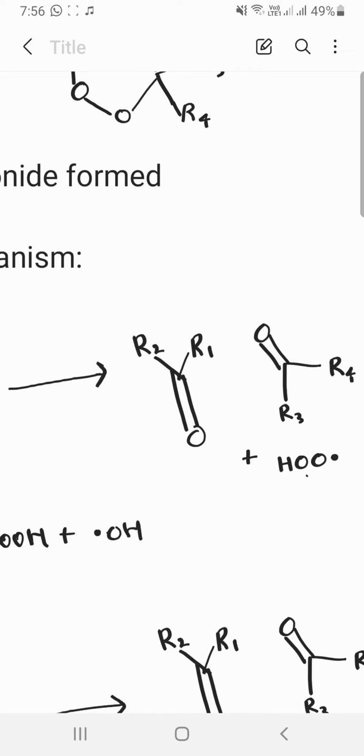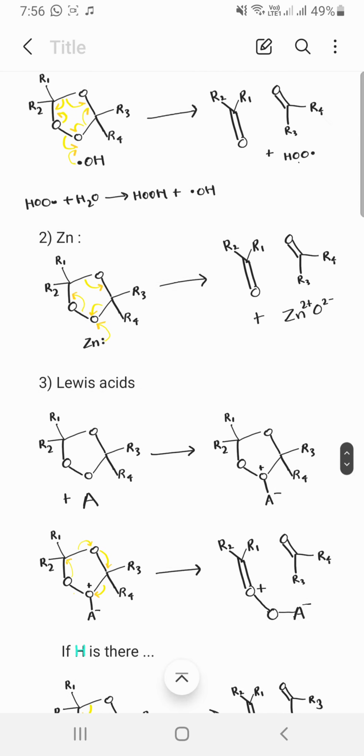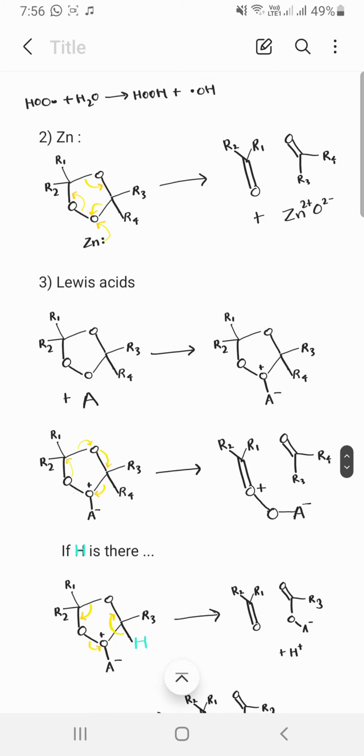And for zinc, this will be reductive ozonolysis. It just creates ketones, aldehydes, things like that. And if there's excess zinc over there, it might create alcohols. It does create alcohols.